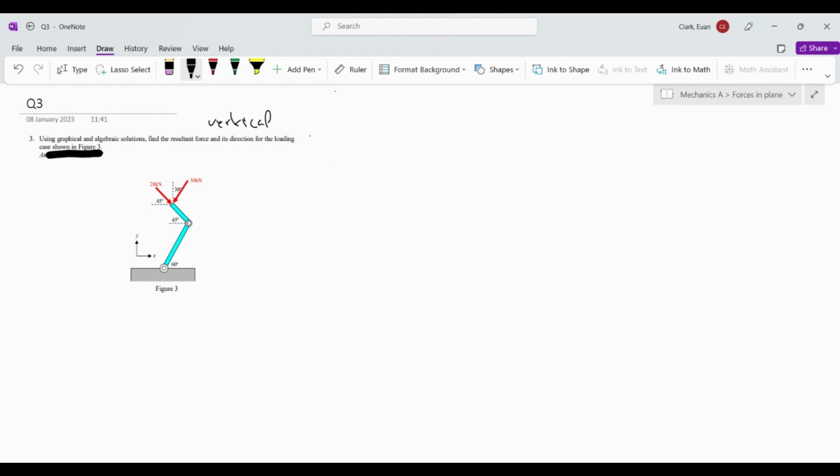So let's try and make a good graphic. As always, we want to make some sort of triangle with all the angles. Here we have our 20 kilonewtons and our 30 kilonewtons, and here we have our resultant force, more or less.